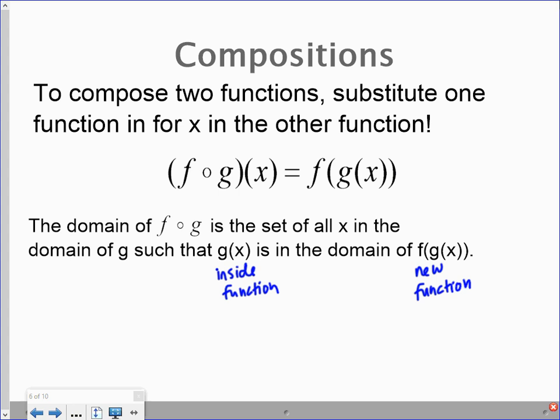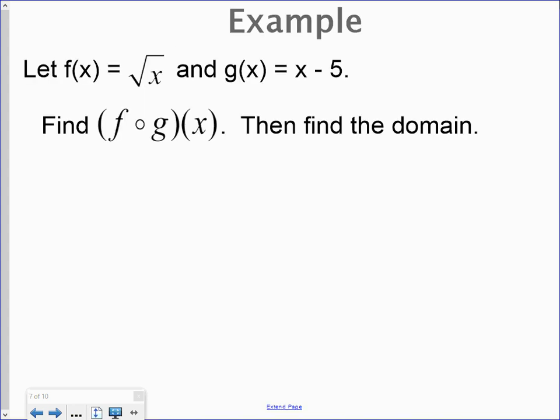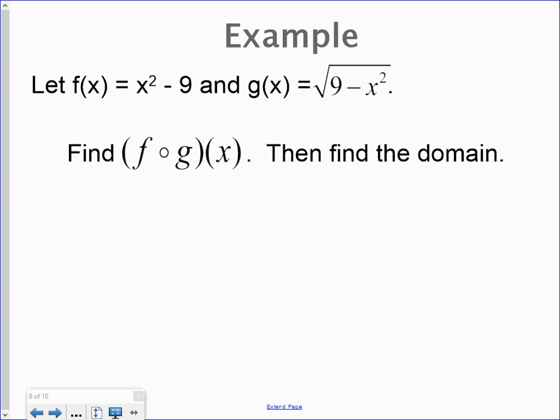So we'll look at an example so we can see that happening. I'm going to do this example first.